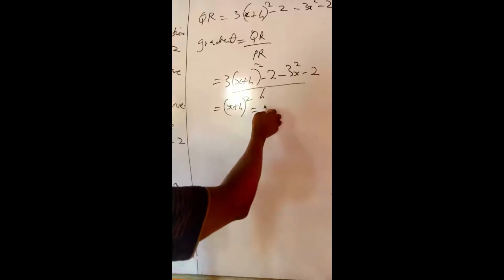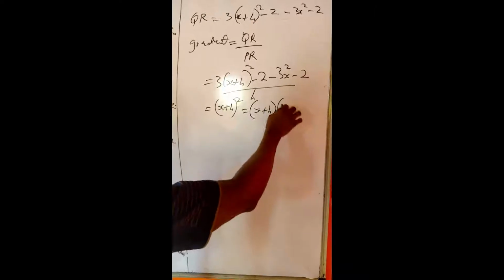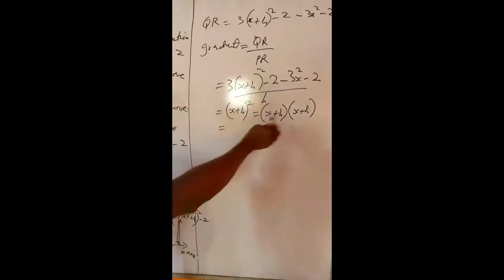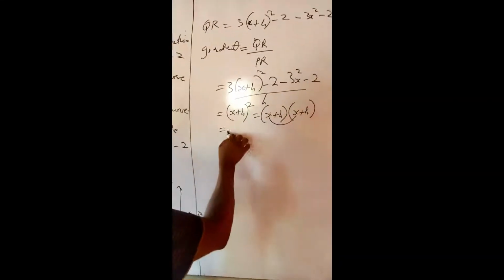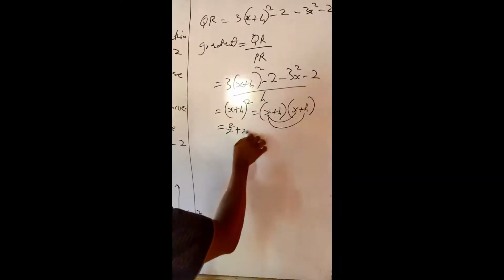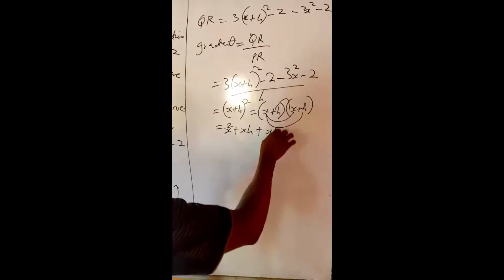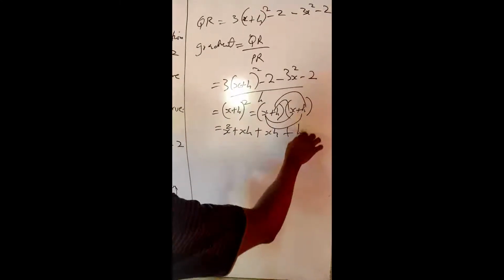So if we expand it, I pray that you just get used to this x plus h into x plus h. As time goes on, we will not be doing the expansion; we just get the compound answer. If you do this expansion, this multiplied by this gives x squared, plus xh, and if this one goes to this, you get plus xh, and if it goes again to this, you get plus h squared.